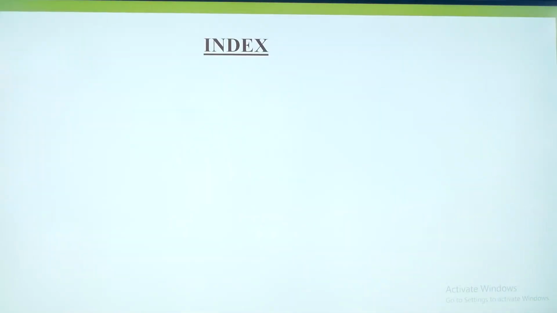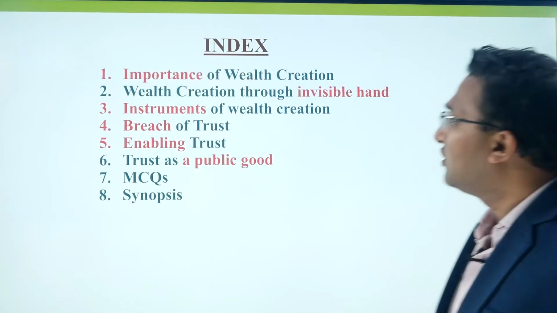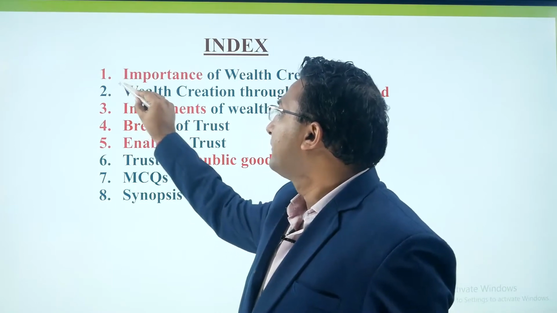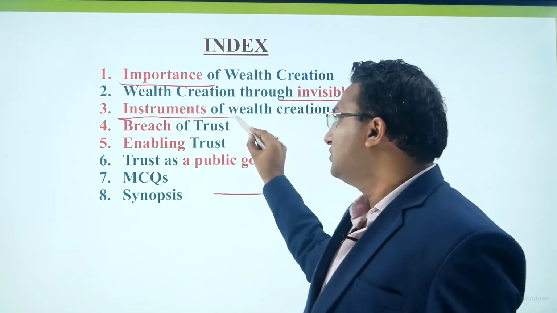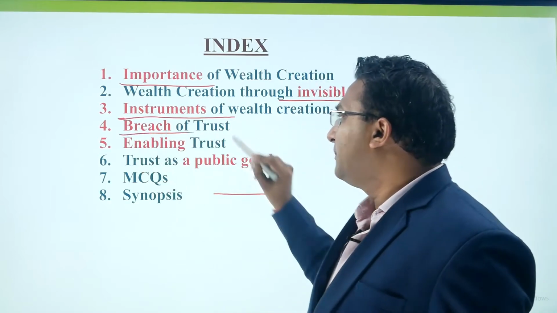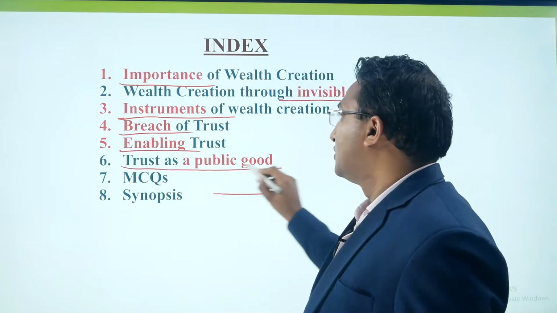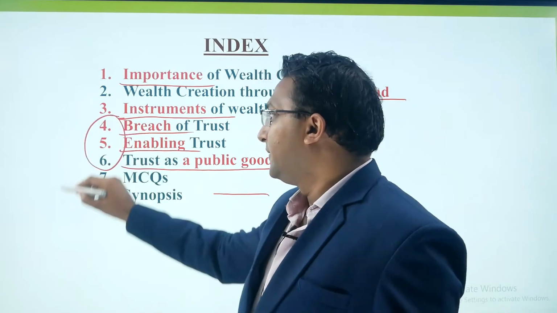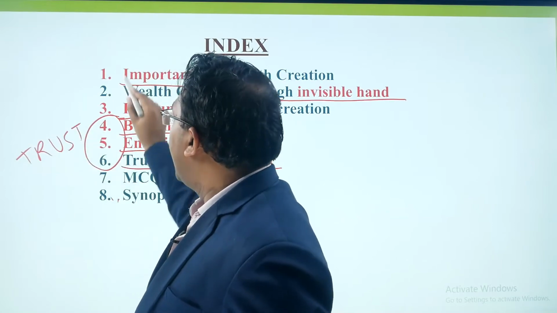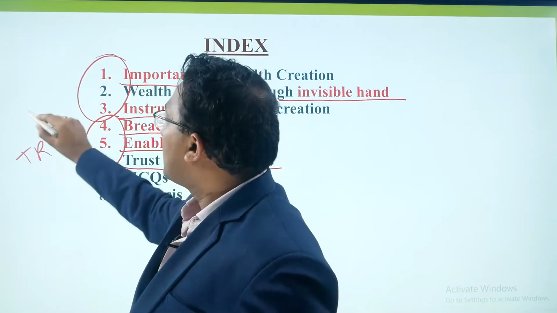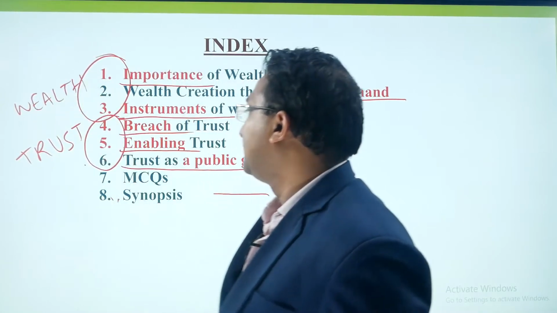So first of all, what will be the coverage of this session? In this lesson, we will be covering first why wealth creation is important, wealth creation through invisible hand, instruments of wealth creation, how there has been a breach of trust, enabling trust as a public good. So these 3 points, they focus upon trust, and these 3 points, they focus upon wealth creation through invisible hand.